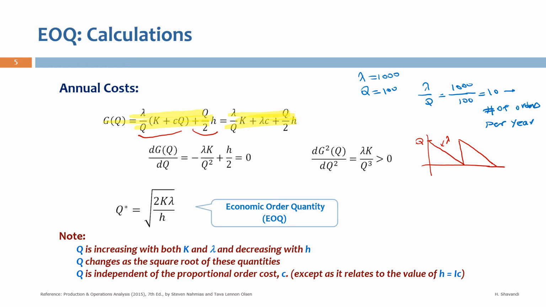Whenever it reaches 0, we place a new order, and again we receive the Q units right away in our inventory, and so on. So this is our inventory level. The average here will be Q over 2, right? So Q over 2 times H will be the average inventory holding cost.